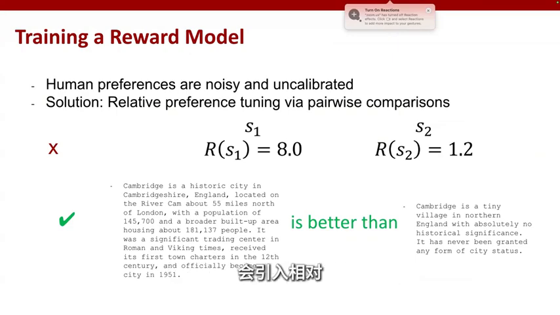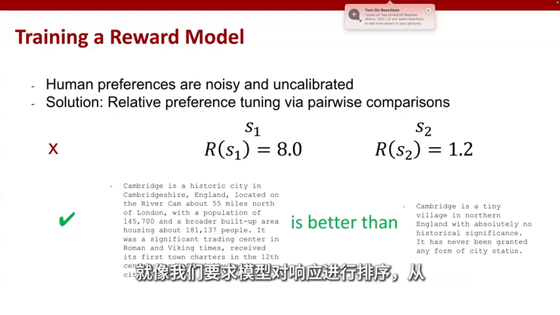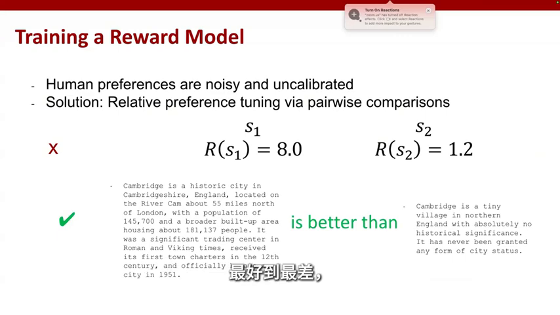That's why people introduced relative preference tuning, which is actually the state of the art algorithm right now. We ask the model to rank the responses from best to worst, and they optimize the model based on the ranking instead of the numerical reward.